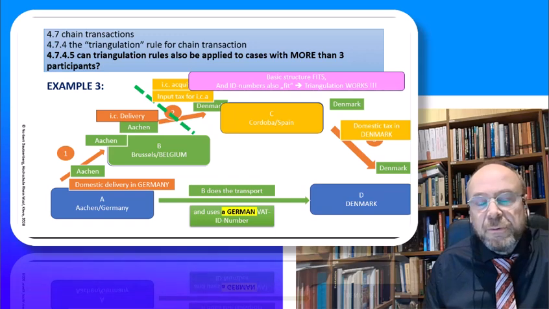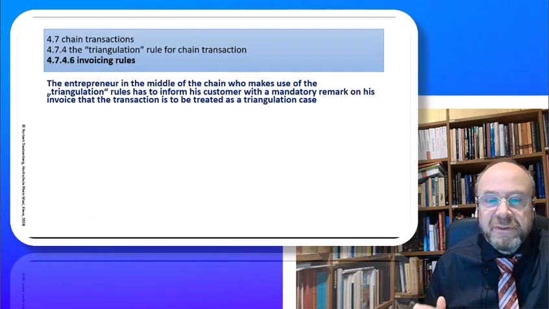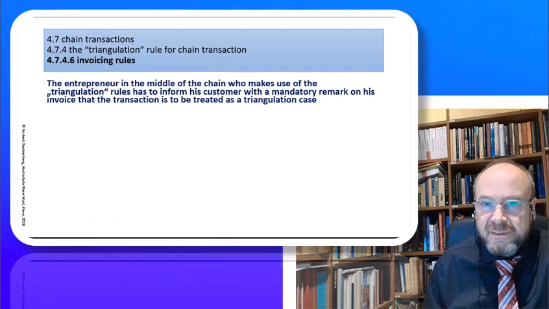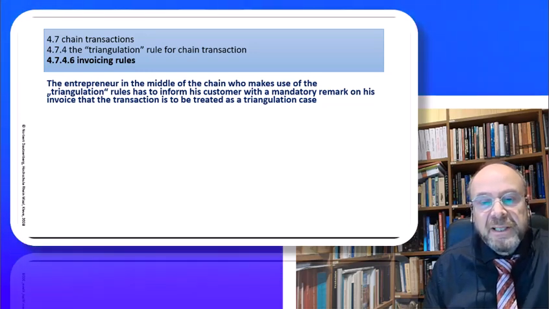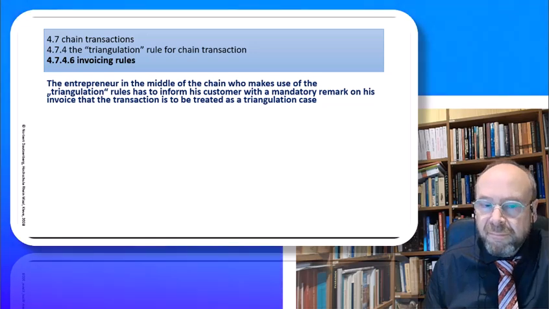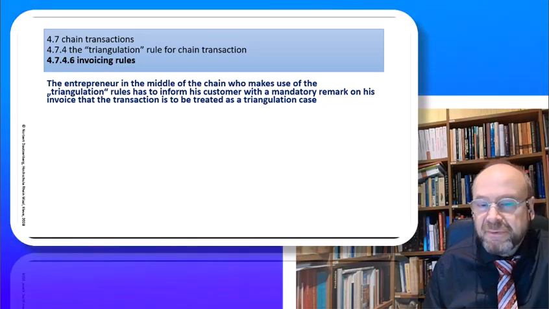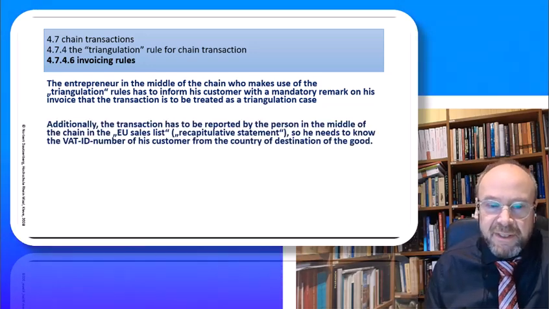So the only technical thing which then has to be checked is, do all people involved have the necessary VAT identification number? And the entrepreneur in the middle of the chain has to make use of the triangulation rules to inform his customer with a remark that the transaction is to be paid by the customer, so that is a triangulation case.